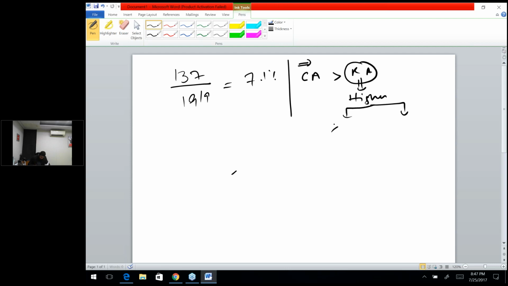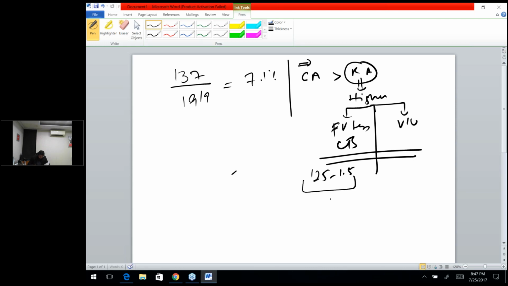So what they have done is identify the fair value less cost to sell as 125 minus 1.5, which gives 123.5, and they identified the value in use to be 128 million.